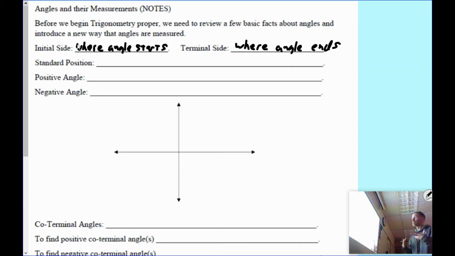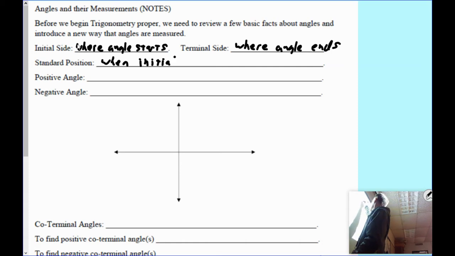But now that we're in pre-calculus, we're going to start talking about these things in a very specific kind of orientation. It's what we call standard position. So what standard position means is when the initial side is on the positive x-axis.